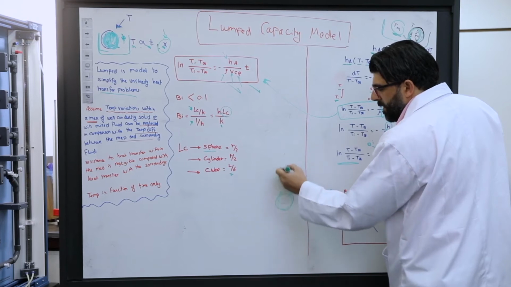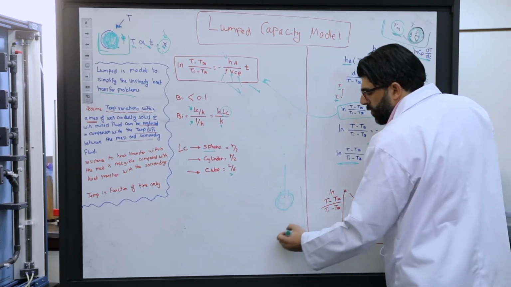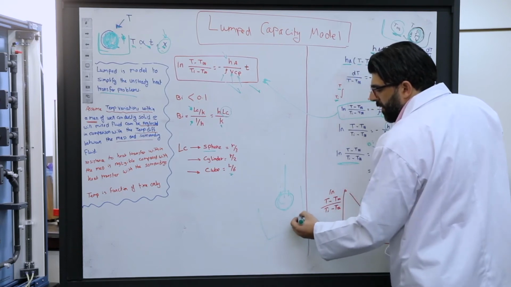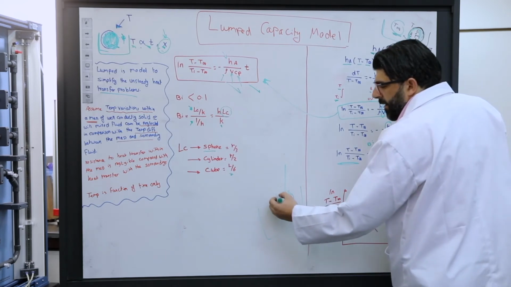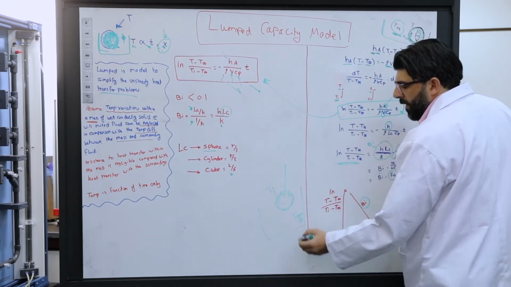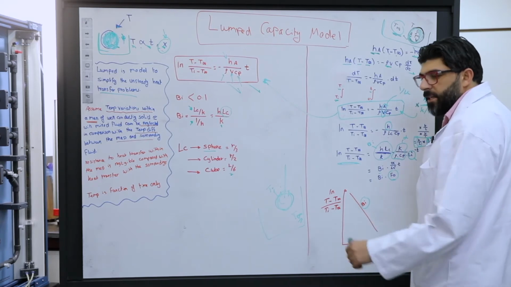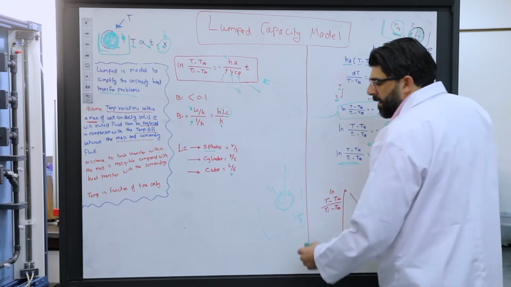It's connected like this, and we suddenly put it in a pass of water that has T infinity. So we know the initial temperature and we know the T infinity. And in the experiment, temperature will be recorded against time.